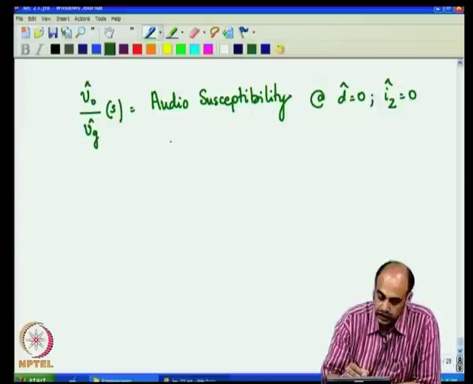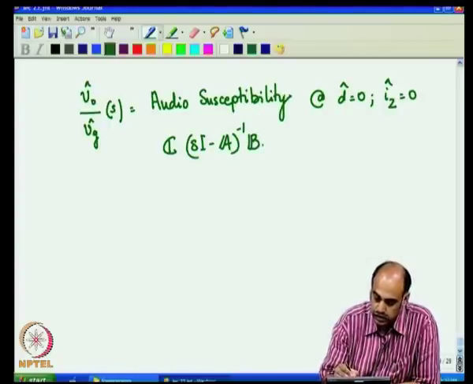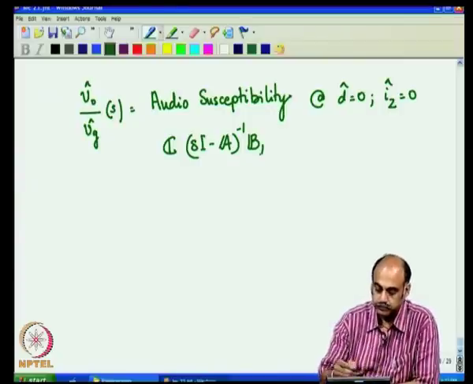So, this is also directly obtainable: (sI minus A) inverse, this is the B1 matrix.